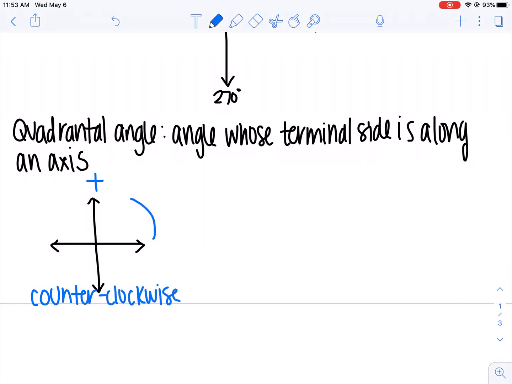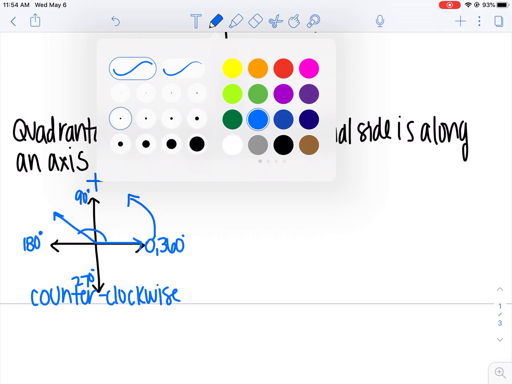So it's going to go this way. So we would have 90 degrees here, just like I'd already drawn, 180, 270, 0, and 360. So the angle would go like this.